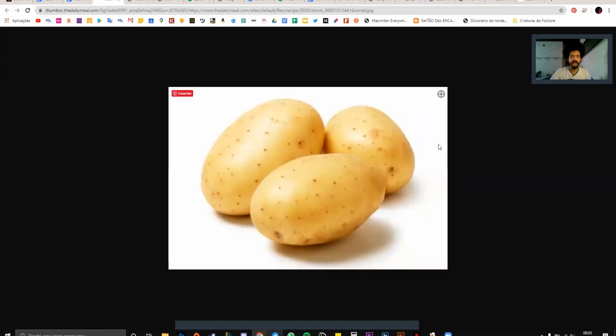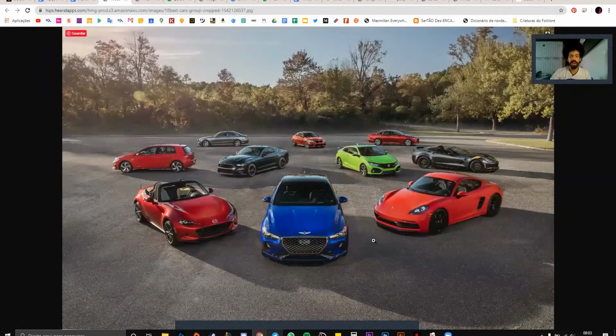If we go to our second example, something everybody loves, potatoes. You can look at them, you can differentiate them. They are big enough for us to count them. So we have here 1, 2, and 3 potatoes. Third example, cars.